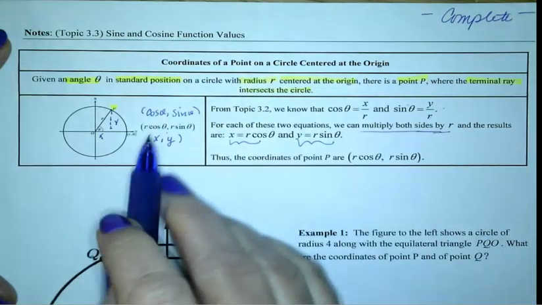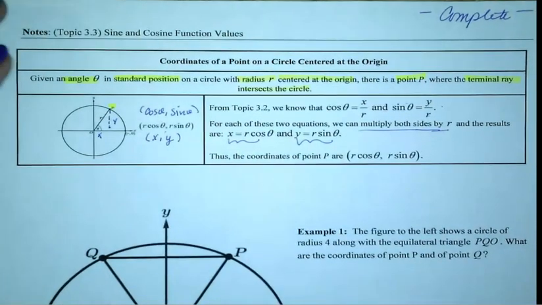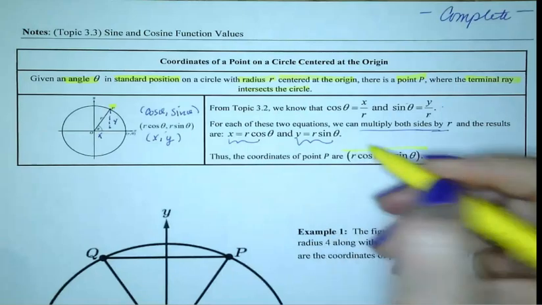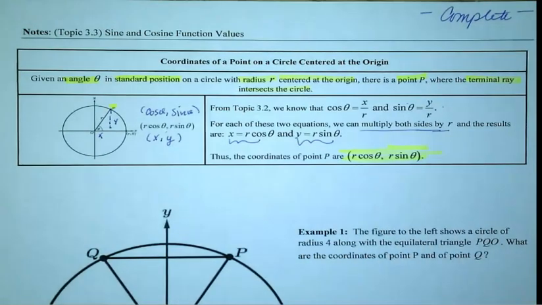Now we've added one more layer, and now it's r cosine theta and r sine theta. All of those are things we're drawing upon from different lessons so far, and we're going to keep track of that as we go through some of these examples.